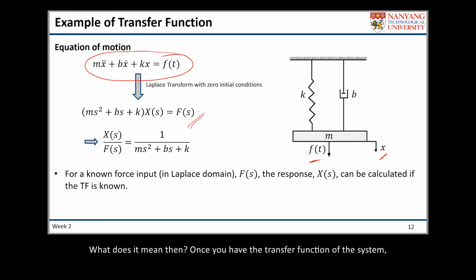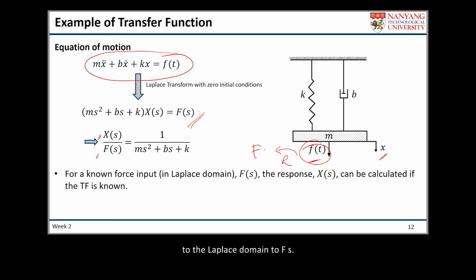What does it mean then? Once you have the transfer function of the system, which in our case here is the ratio between the output x and the input F, if you know the force that you give to the mass, you can transform this force to the Laplace domain as F(s). How do you transform it? You just refer to your Laplace table. And then you know F(s). Once you know F(s), you can simply multiply it by the transfer function.